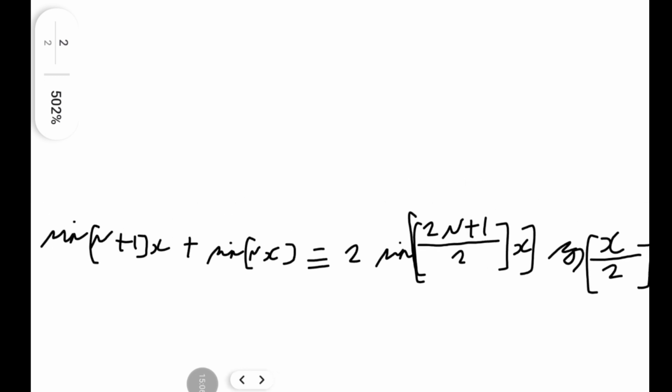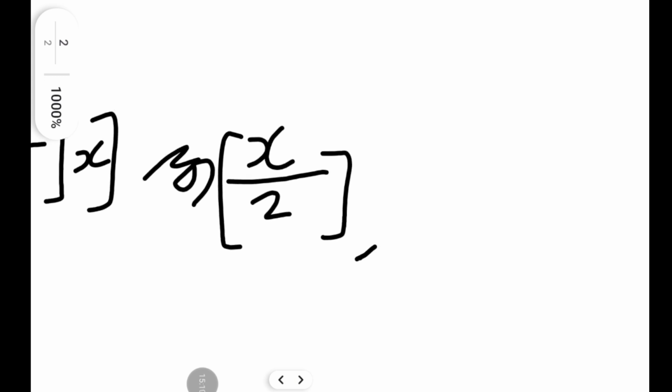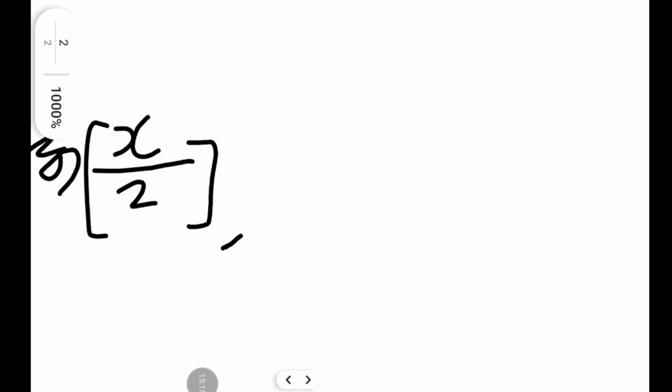I'm also going to do one more thing. We're going to do the same thing for basically sine of x. Now this is interesting. Basically, we can actually rewrite sine of x in quite an interesting form.